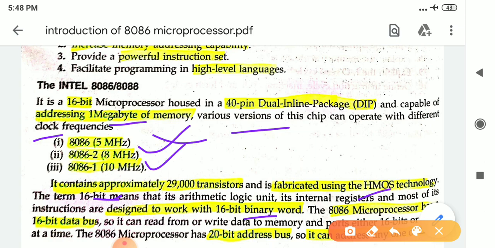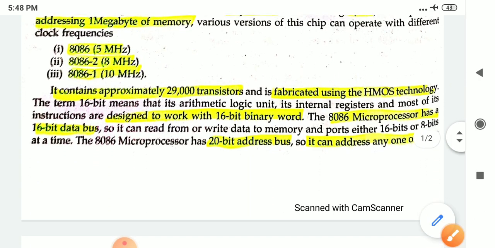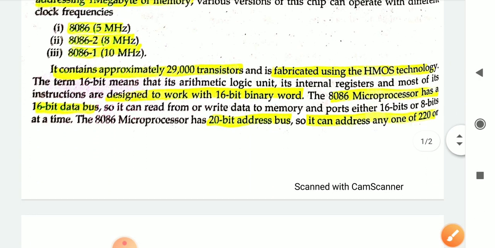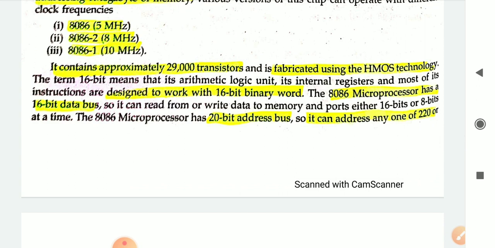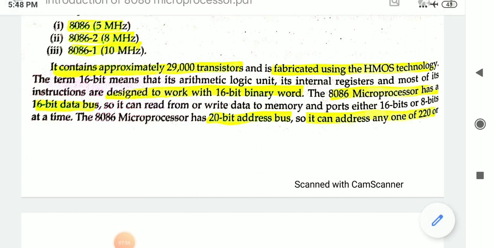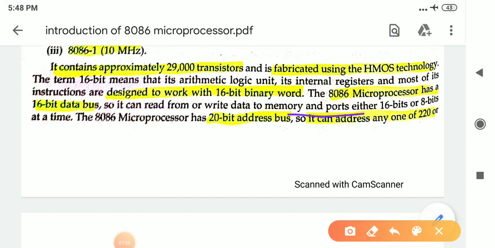The 8086 microprocessor has a 16-bit data bus. It should be clear that the data bus of the 8086 is 16 bits, so it can read or write data to the memory and ports either 16 bits or 8 bits at a time.